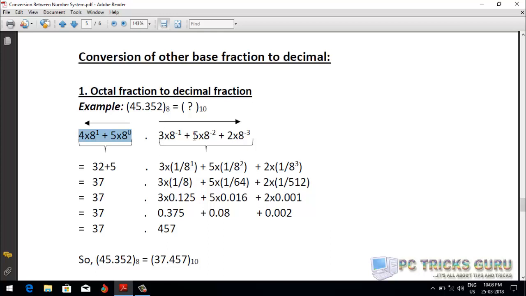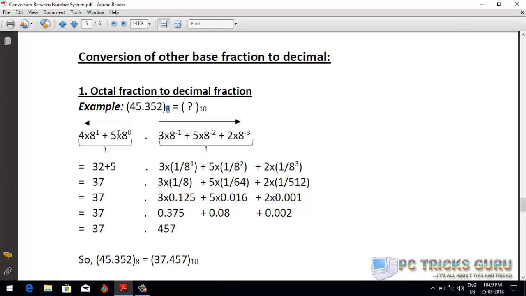So write 3 plus 5 plus 2 and then multiply it with the base number raised to the power minus 1. So here we do not start from 0, we start from 1. So it looks like this: 3 into 8 raised to the power minus 1 plus 5 into 8 to the power minus 2 plus 2 multiplied by 8 to the power minus 3.